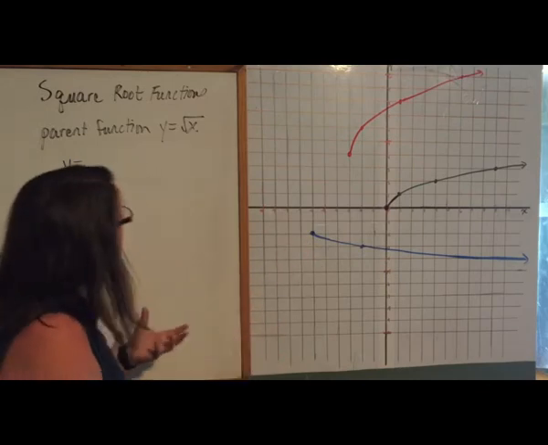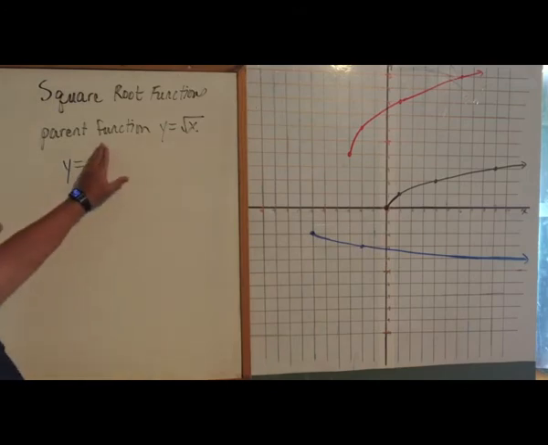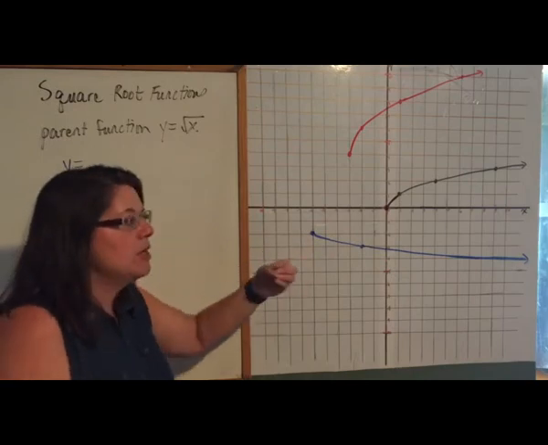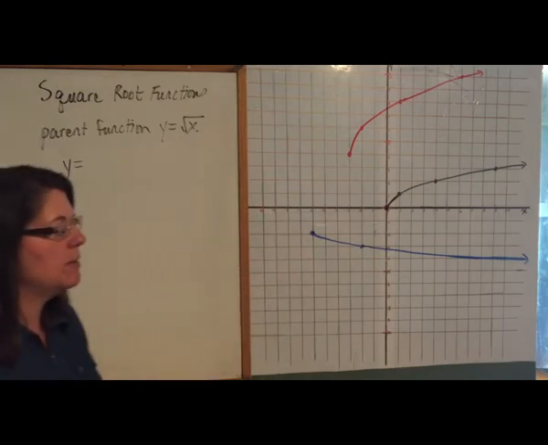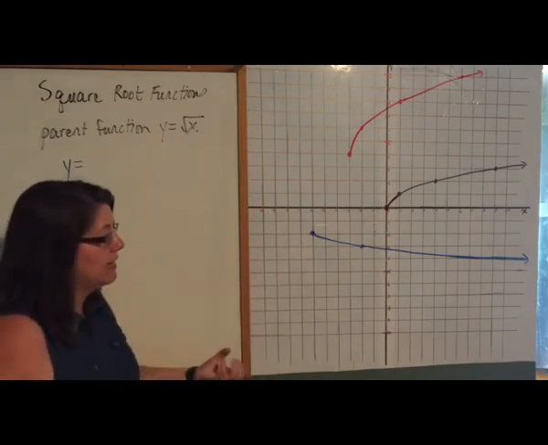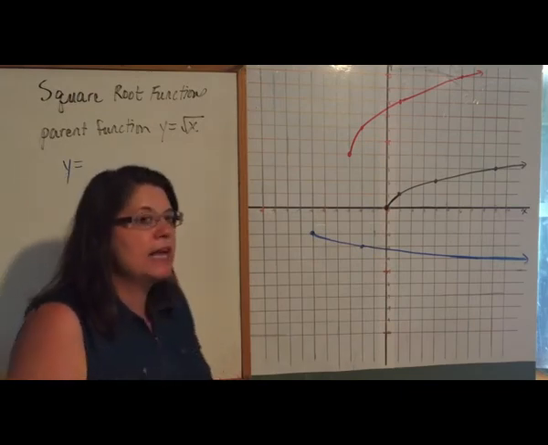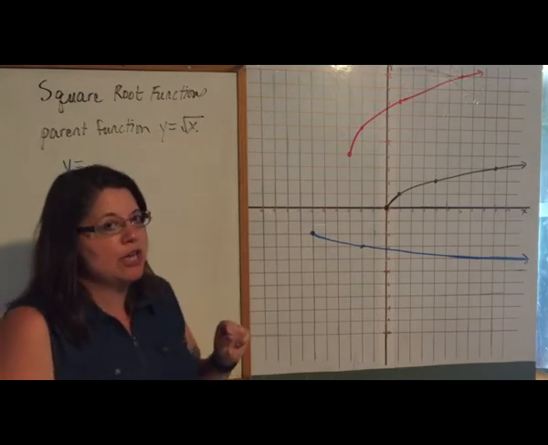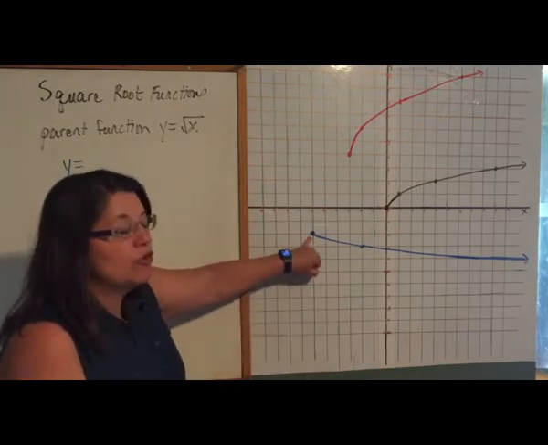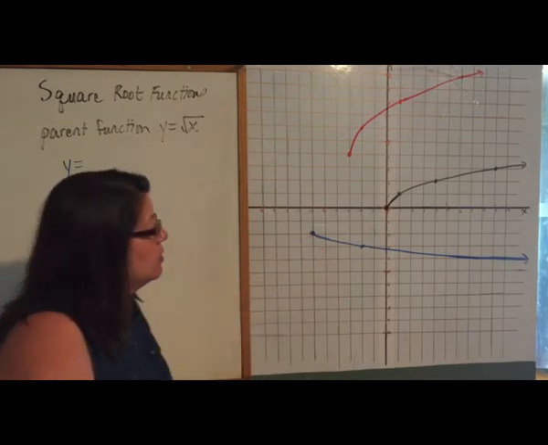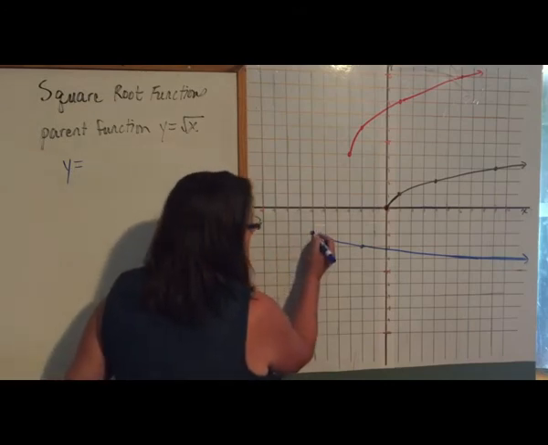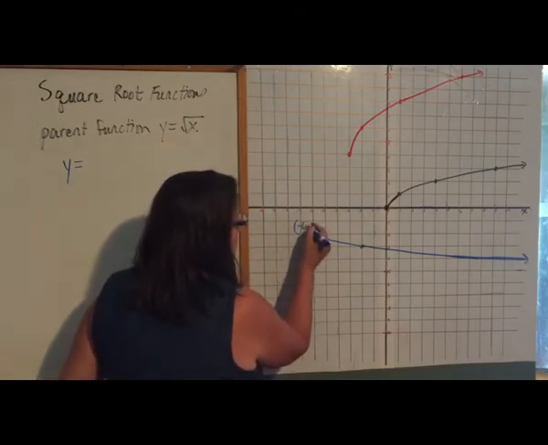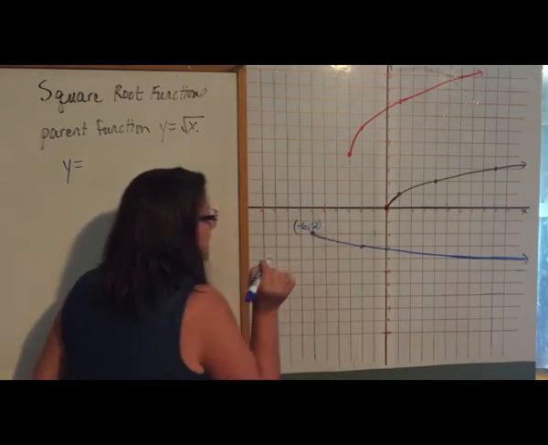When I'm thinking about the parent function for this and my starting point, I'm going to use the knowledge I talked about when I taught you quadratics. In a quadratic, we said h and k was the vertex. In a square root, we're going to let h and k represent the starting point of our function. So for this graph, the starting point is at negative 6, negative 2.